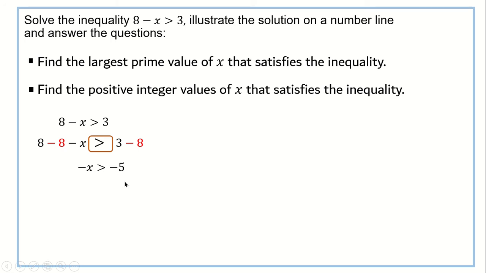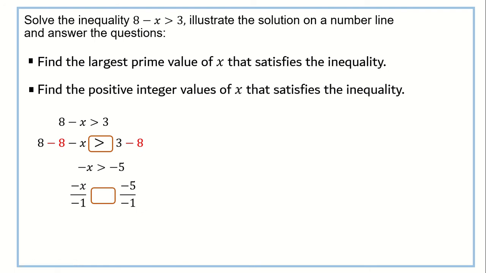Okay? Now, at this point, we will divide by negative 1 on both sides of the inequality. But now, what happens if we are dividing by negative 1 on both sides? Remember that dividing by a negative number on both sides of inequality reverses the inequality.